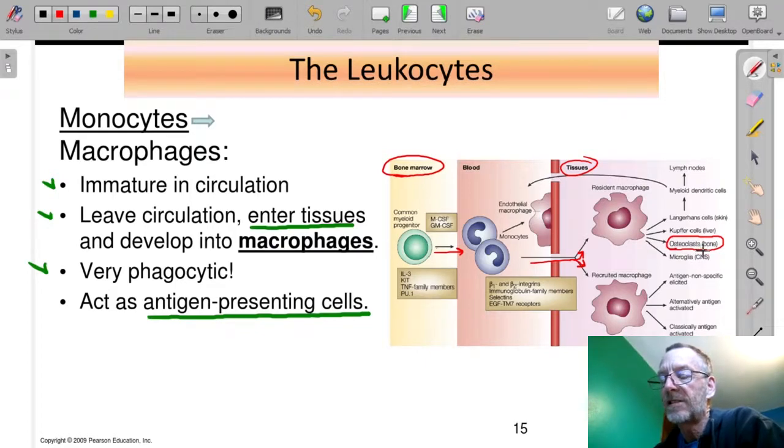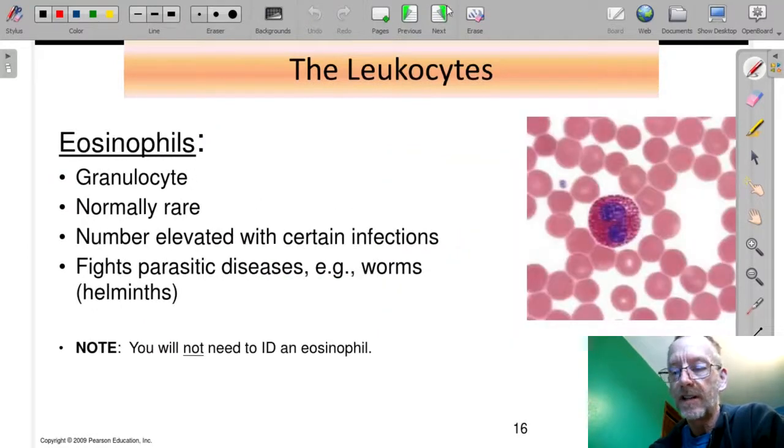And you know that osteoclasts break down bone tissue. I thought that was interesting. You could just note, oh, osteoclasts are actually derived from a macrophage, a leukocyte. Okay, enough of that. I don't know if I gave you the link to that or not. Apparently I didn't, so don't worry about the link.